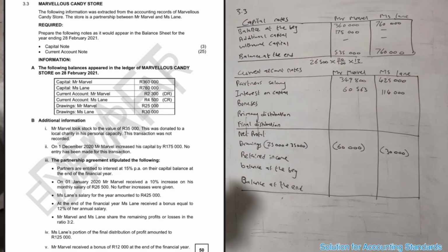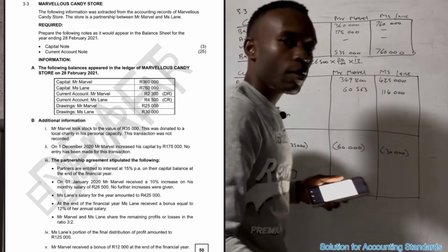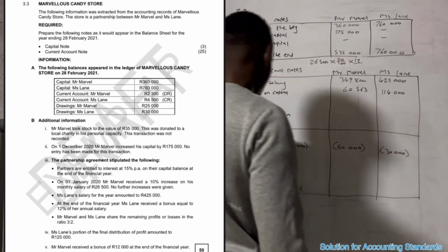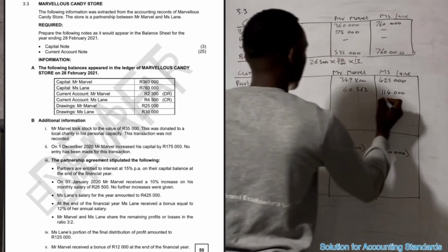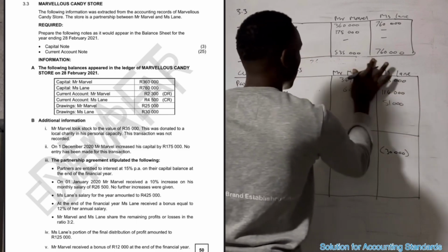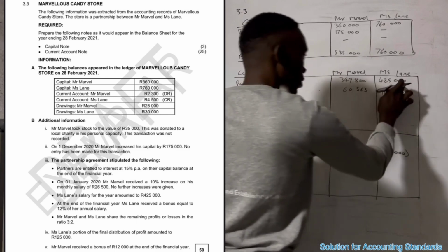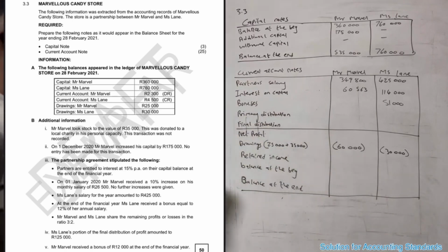At the end of the financial year, Mrs. Lane received a bonus equal to 12% of her annual salary. 12% of 425. 425 multiplied by 12%. You are going to get the bonus of Mrs. Lane of 51,000. Okay, 51,000. Very simple.